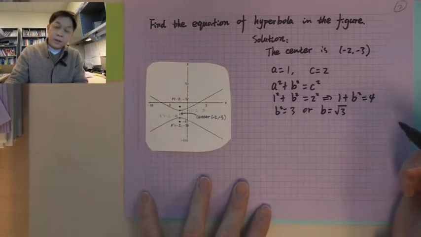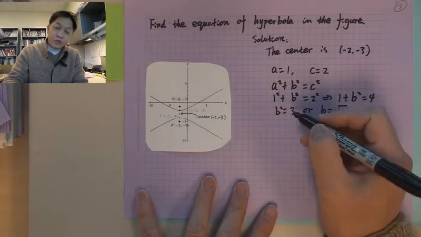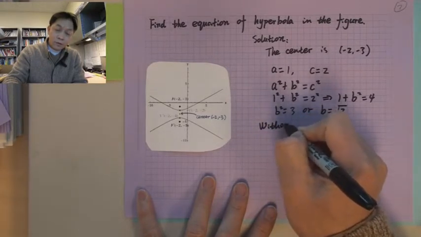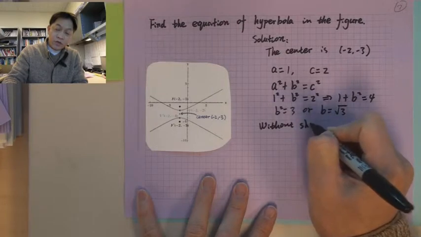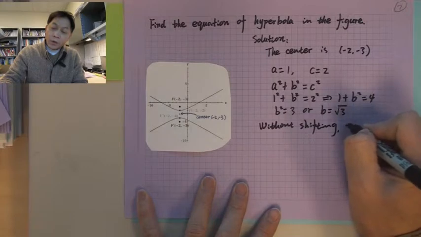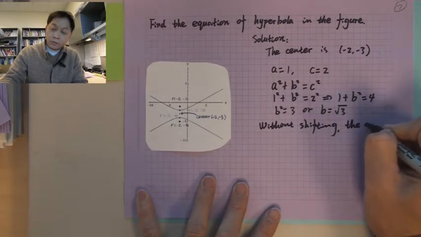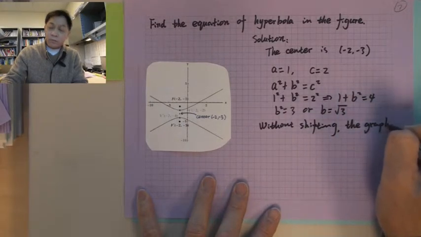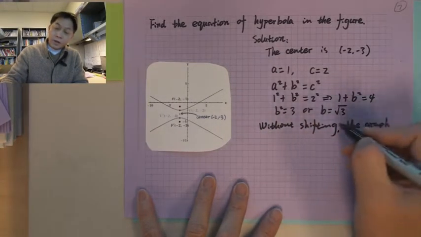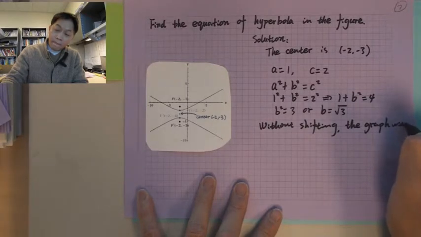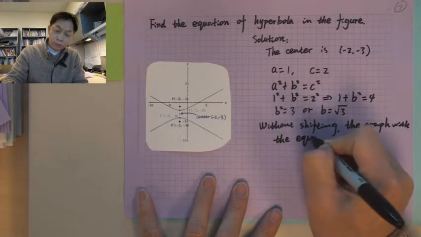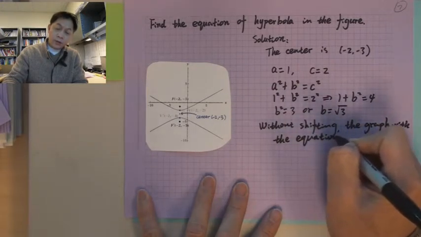Now, without shifting, the graph will have an equation like what?